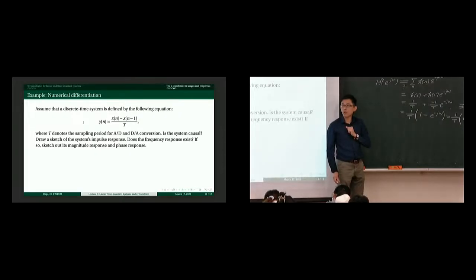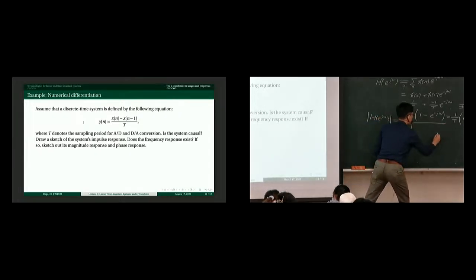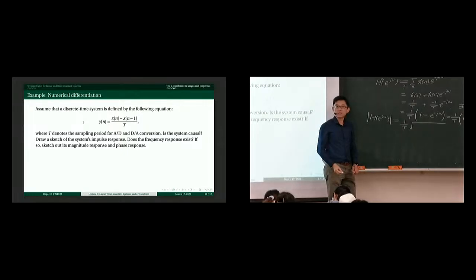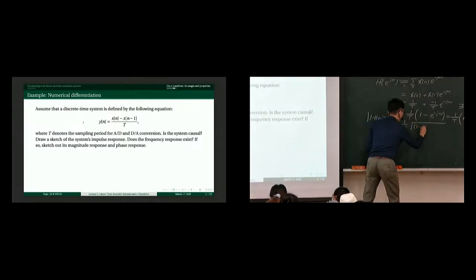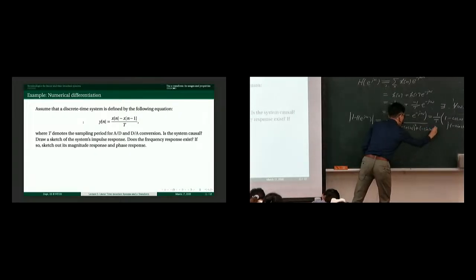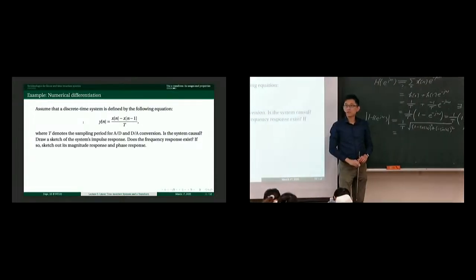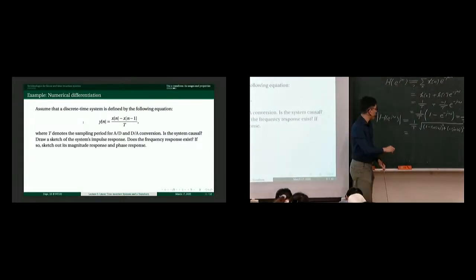So how about the magnitude response? For magnitude response, we just need to calculate the sum of squares and the square root, right? So the magnitude response is going to be very simple: 1 over t on the outside, square root of (1 minus cosine omega) squared plus (minus sine omega) squared.